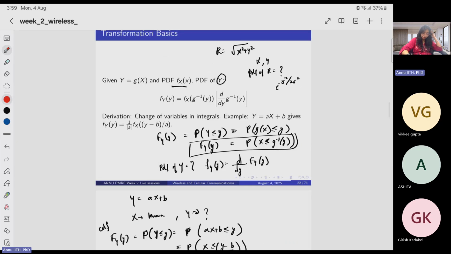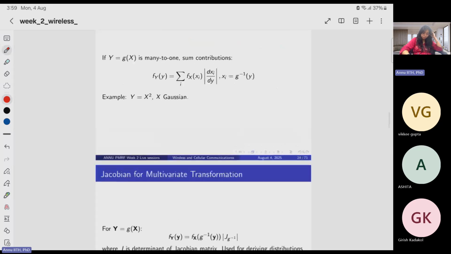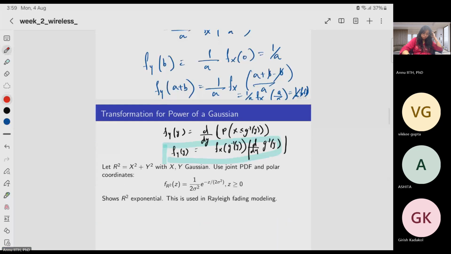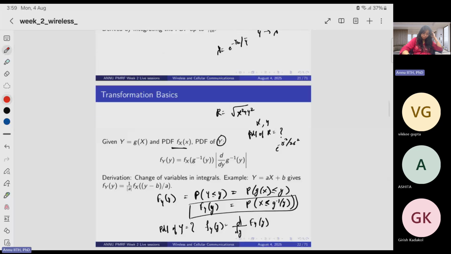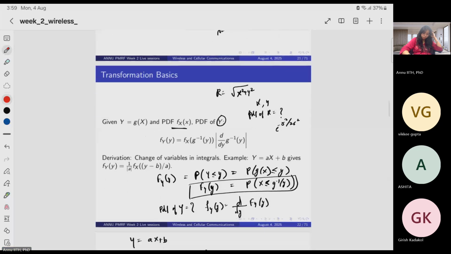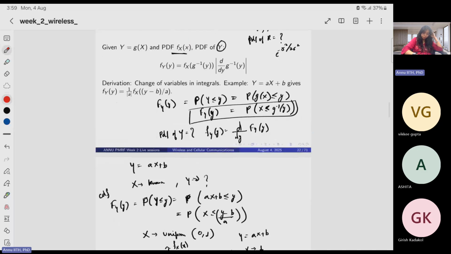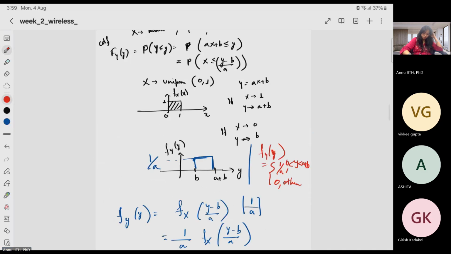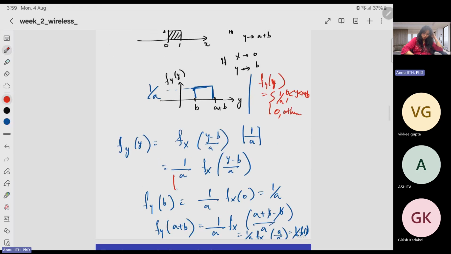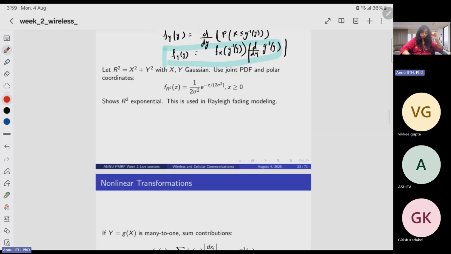Let me check with the actual data. See, it is that only, y minus b by a. So 1 by a should be modulus, I forgot. 1 by a f of y minus b by a, and how it will look like. It is very, very important. Trust me, it is very good also to understand.